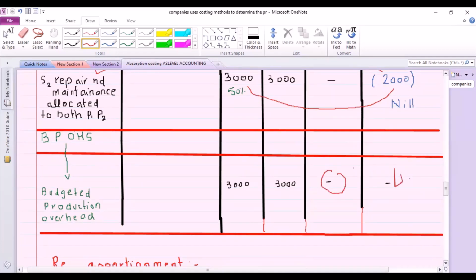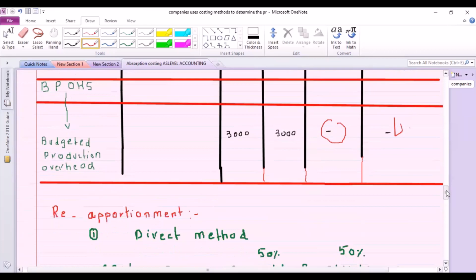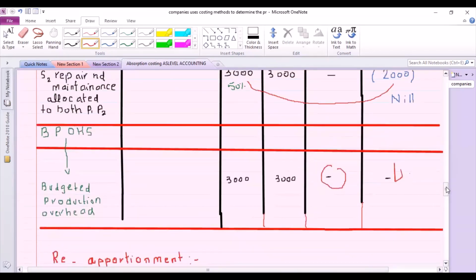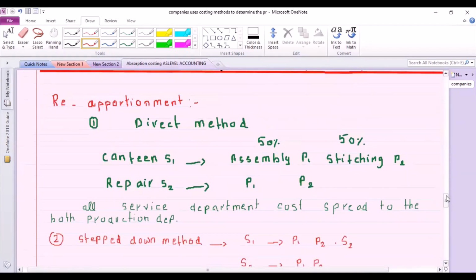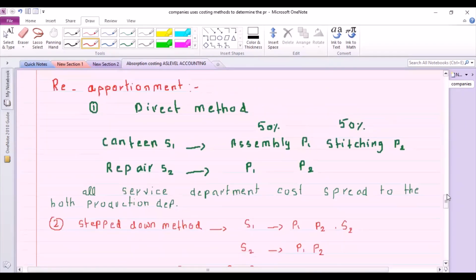So what we do in reapportionment is share our service department costs, service overheads, into the production departments. It is not always the case that you would share only 50% of the overheads to the production department.